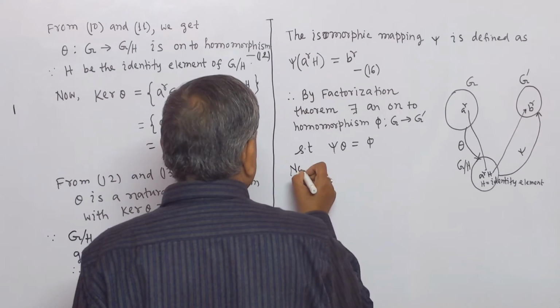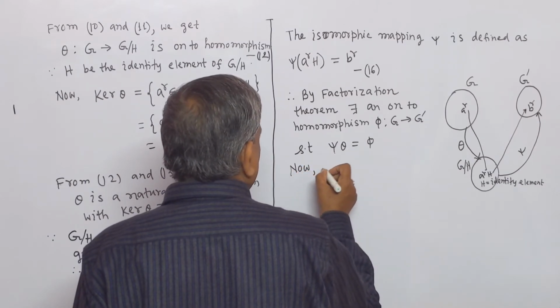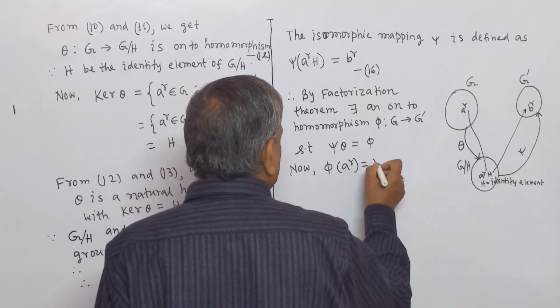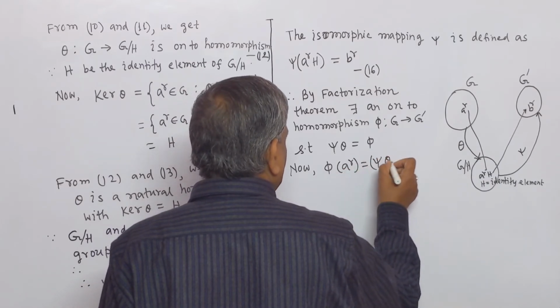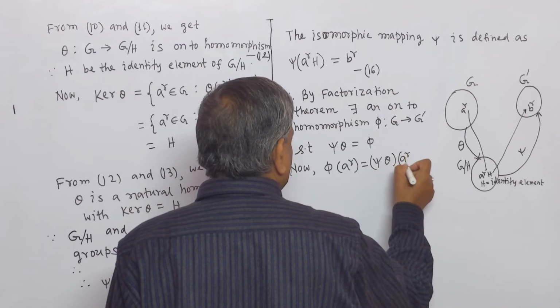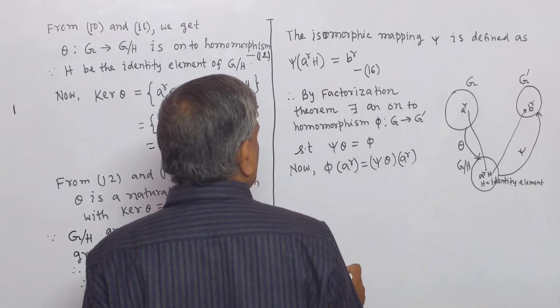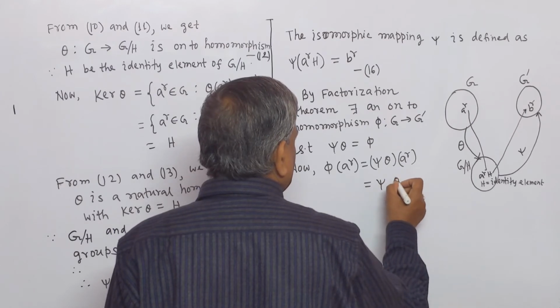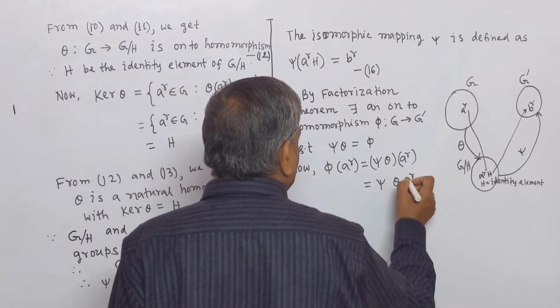Now, phi of A to the power R equal to psi theta of A to the power R. This equal to psi theta of A to the power R.